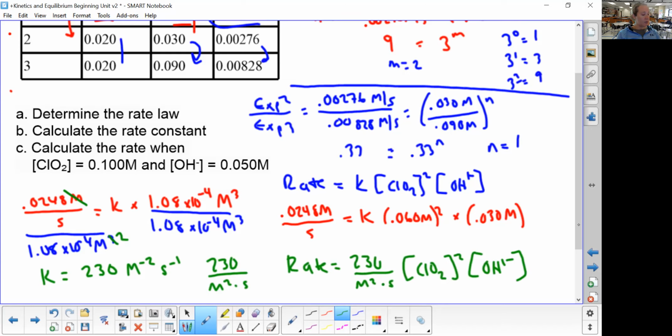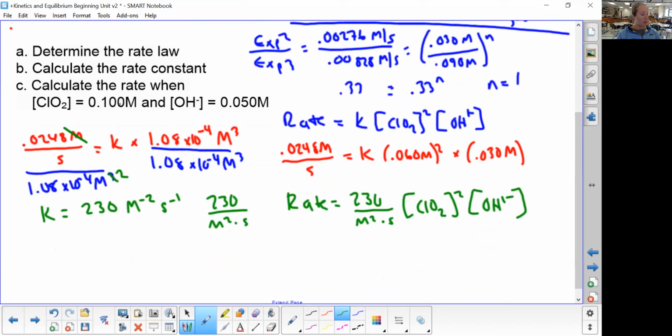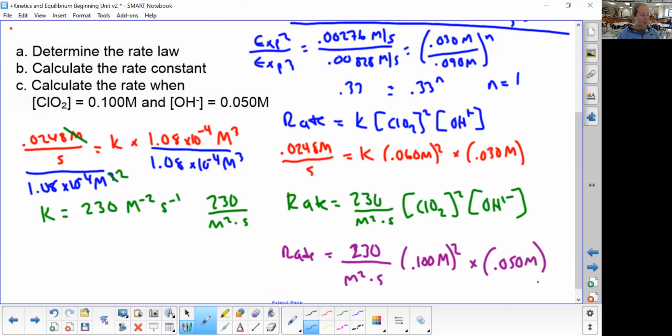So that is the full rate law with the rate constant solved. Part C wants us to calculate the rate at these concentrations. I want to show you the unit cancellation here. So 230 over molarity squared times seconds, times 0.100 molar squared, times 0.050 molar. You have molarity cubed on top and molarity squared on the bottom.